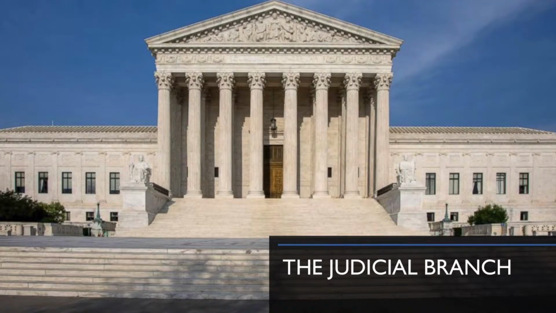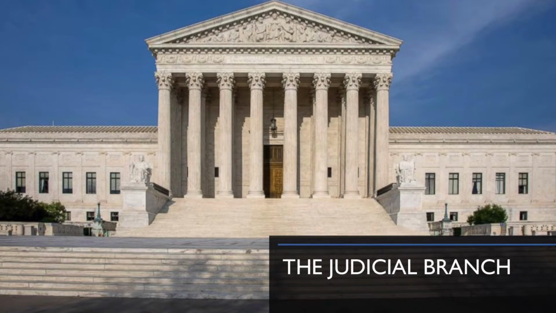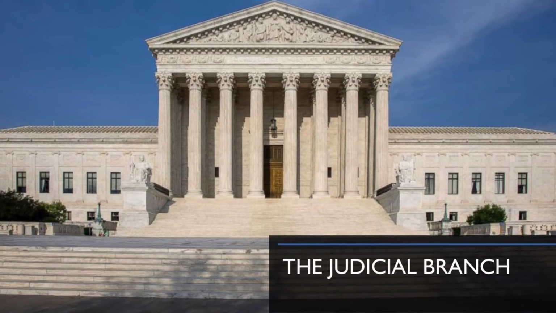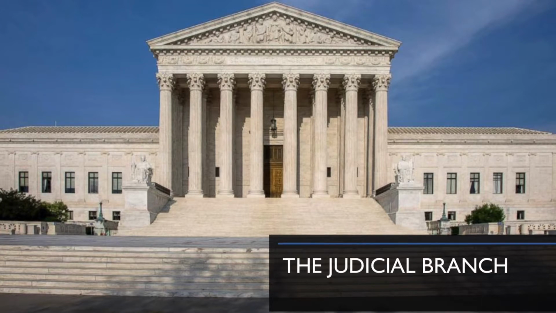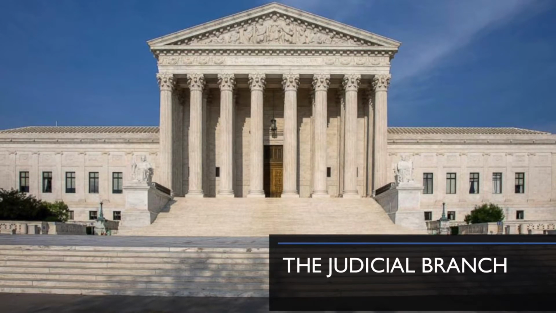Now to the trickiest branch of government, the judicial branch. The judicial branch is commonly referred to as the Supreme Court or the Appellate Court. There are over 100 different judges that reside within the federal and appellate court. These judges are expected to interpret the Constitution and act on its laws and follow the Constitution.